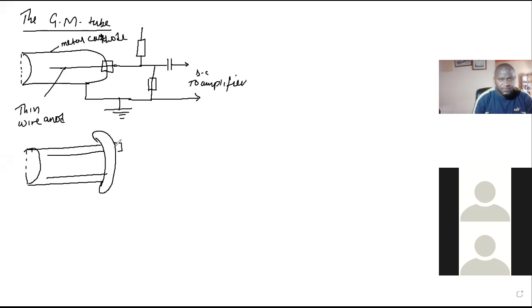Then we have our thin wire anode right there. Then we have these other illustrations, ideally similar. So if you land on such an illustration, it is the same as the one I've drawn up.